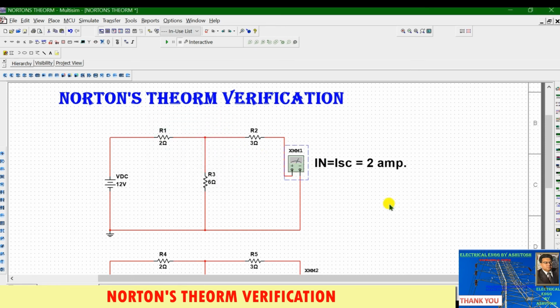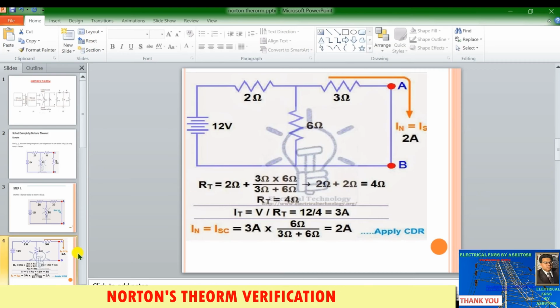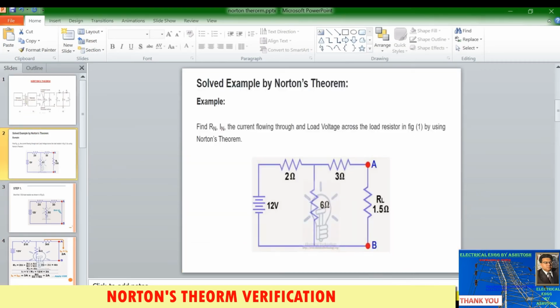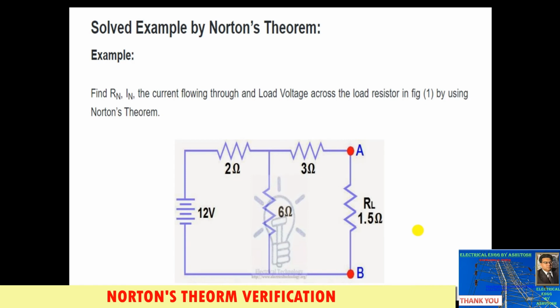So first we will go through our PPT and we will solve the problem step by step. So this was the problem. Now what is step number 1 of solving Norton's theorem?